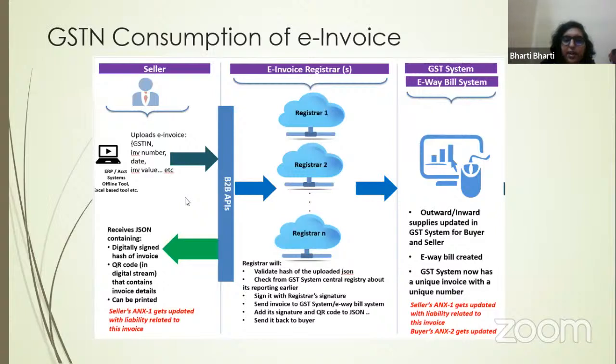Once the e-invoice is generated, it sends back the response, which contains the e-invoice QR code and the digital signature of the e-invoice portal. From there, it also gets auto-populated in GSTR-1, and from there it goes into GSTR-2A and 2B of the customer.